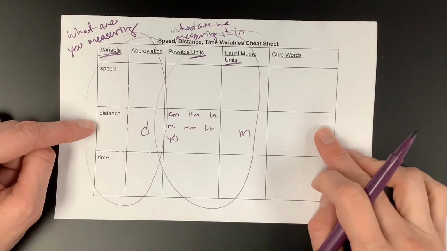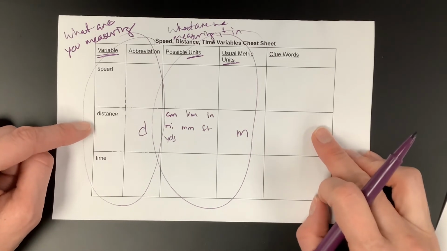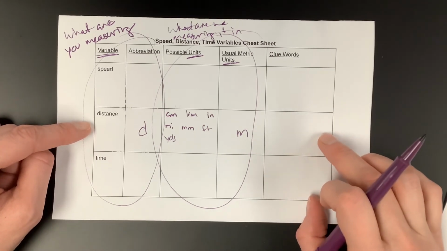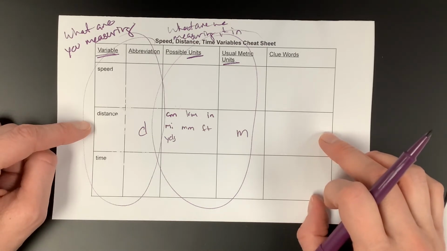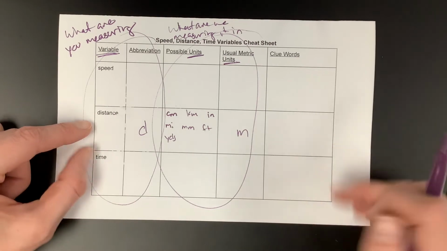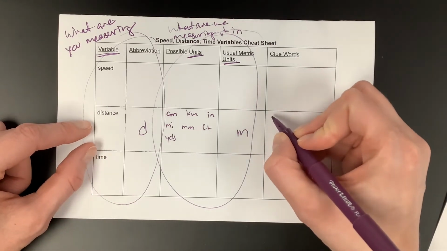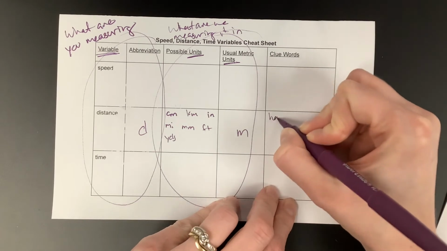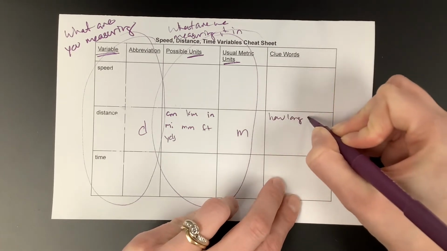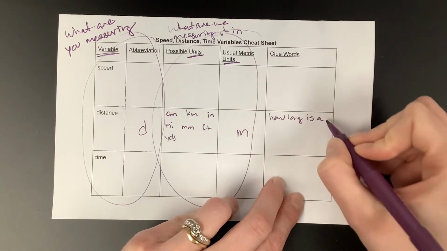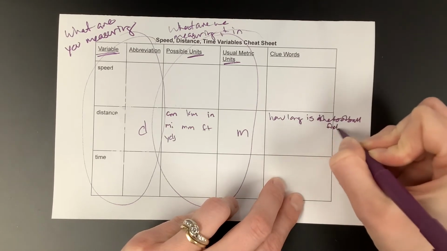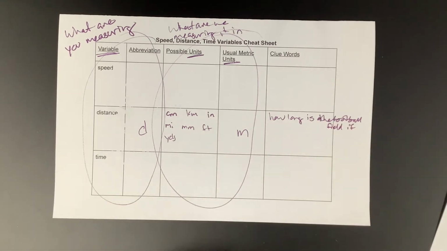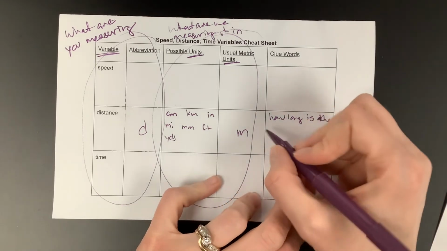What are some clue words? If a problem doesn't use the word distance, what might it say instead? It might say how long is the football field if so-and-so runs this speed for this amount of time.